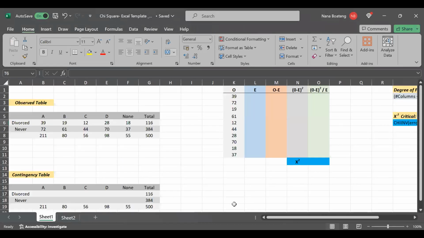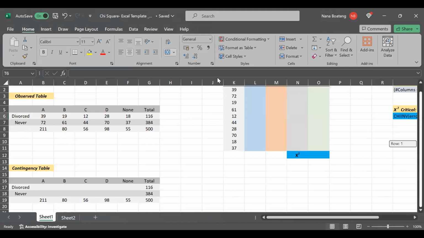You have something like this. Have you seen the template? Yes. Okay. So I still have the same information here. We have the various categories for divorced and never divorced.